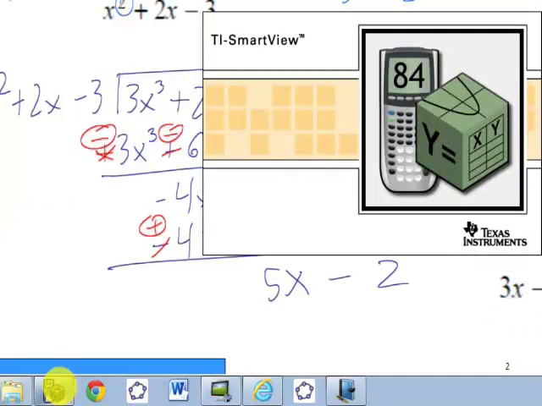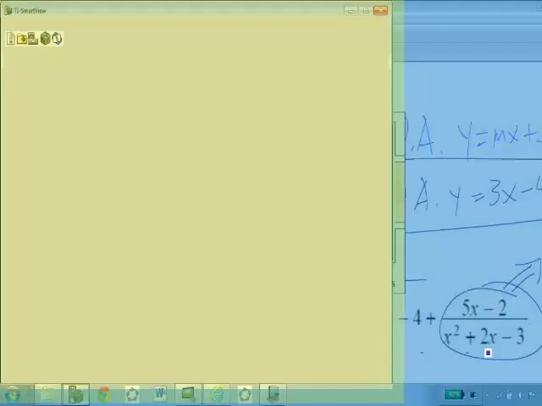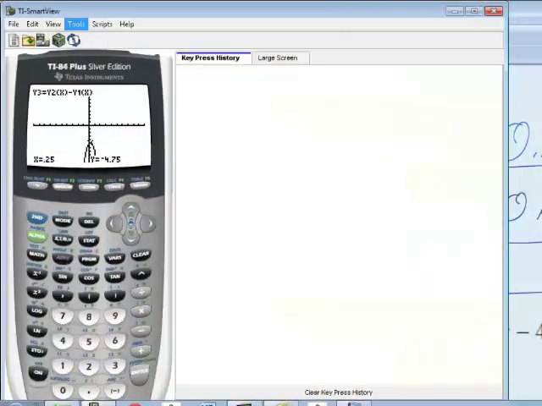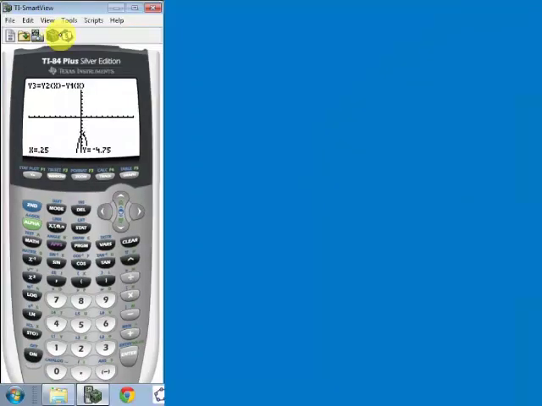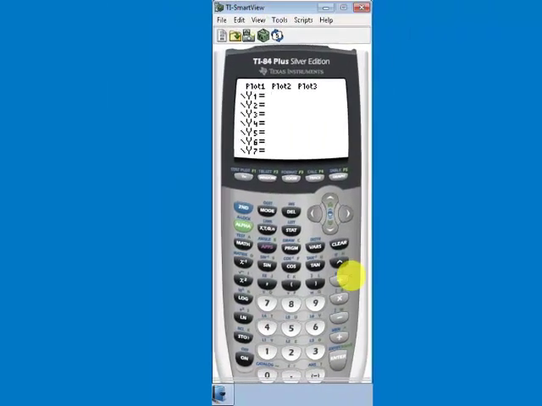Get the calculator going, and we'll punch it in. I want to punch in the original expression, and then we'll graph the line y equals 3x minus 4, and just notice in the upper right-hand corner and lower left-hand corner, not a lot of daylight in between the graphs. So let's see.